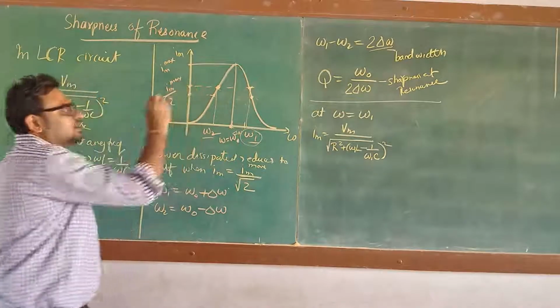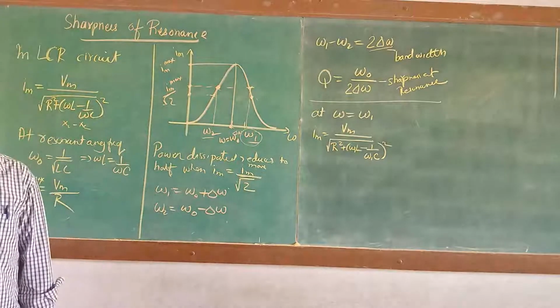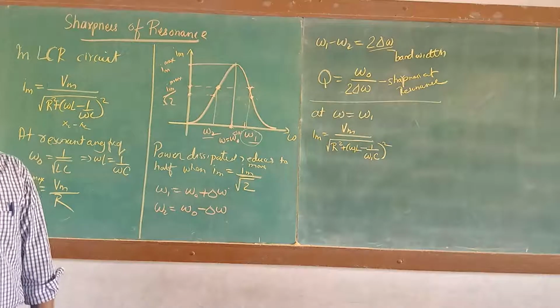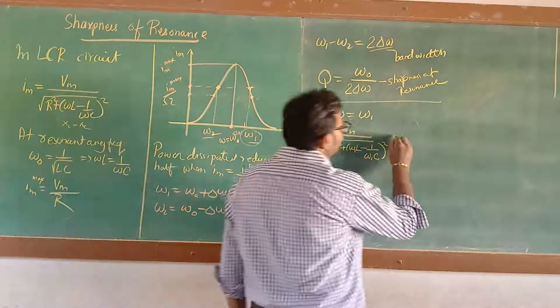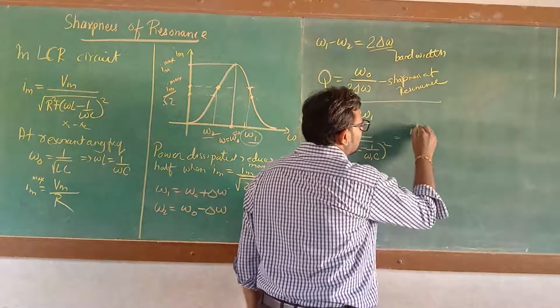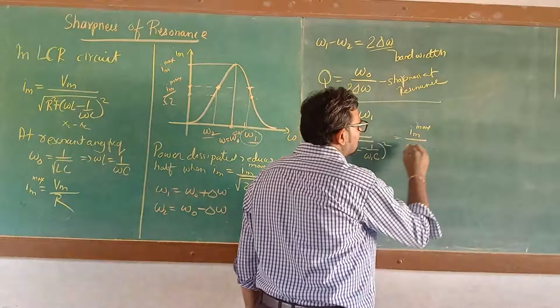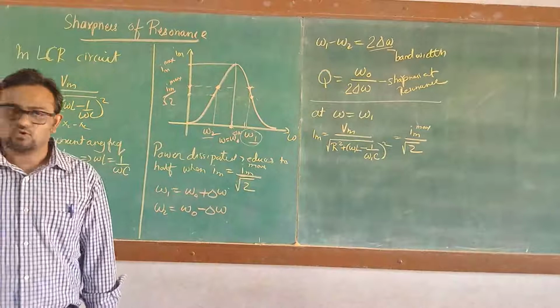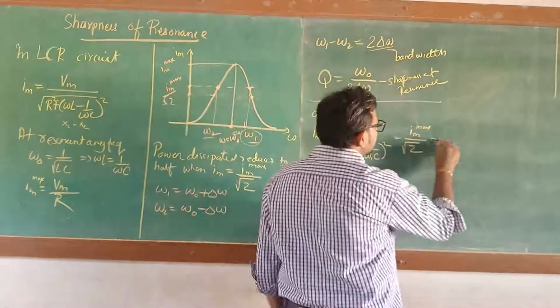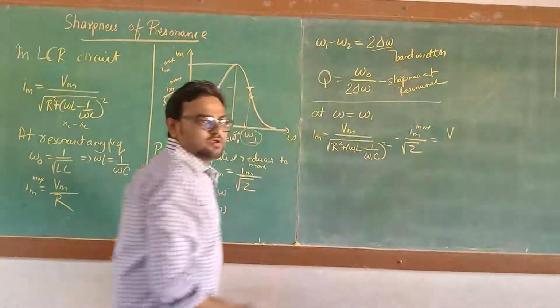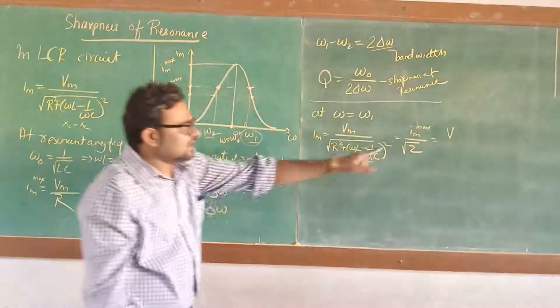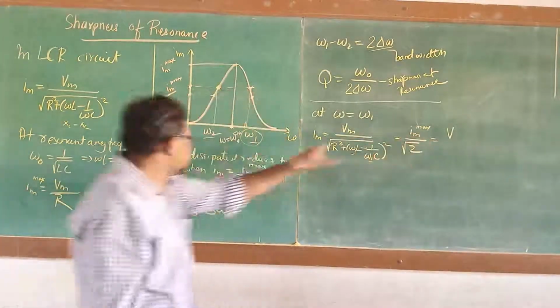Now we know that at this time the value of maximum current is Im max by root 2. Right? So I can write this as equal to Im max by root 2. And what is the value of Im max at resonance?